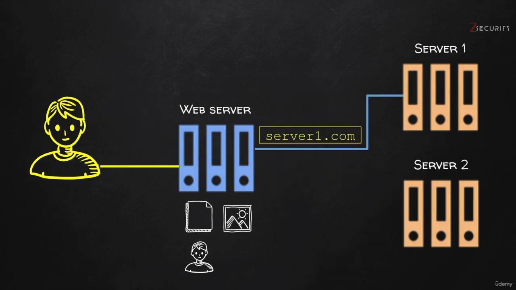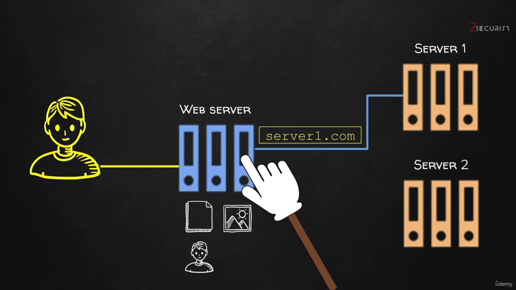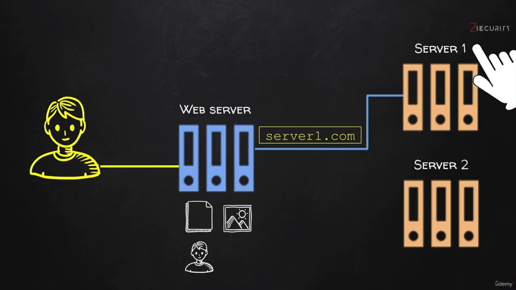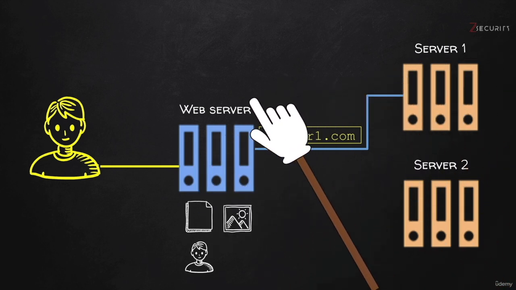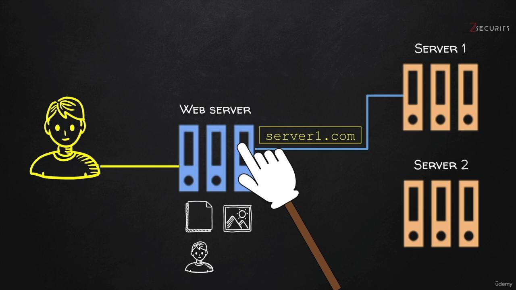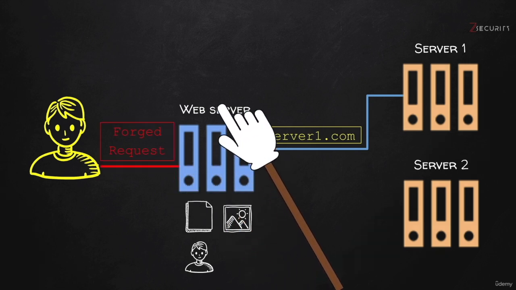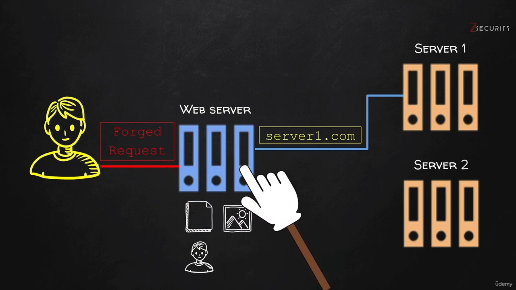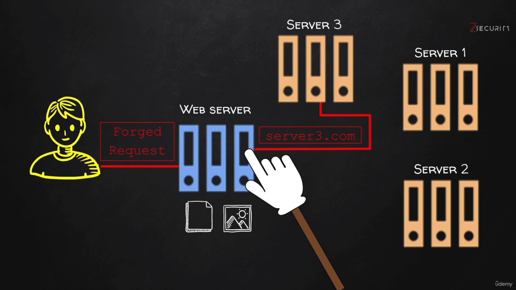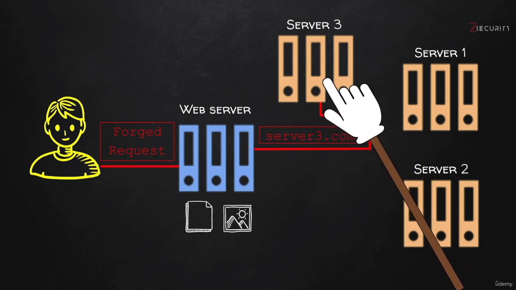So going back to this example right here, we have the client request in here to the web server, and then the server-side request in here going to another server. In a server-side request forgery scenario, as a hacker, you would send a forged request to the web server, and as a result, you could get the web server to go and submit requests to a completely different server.